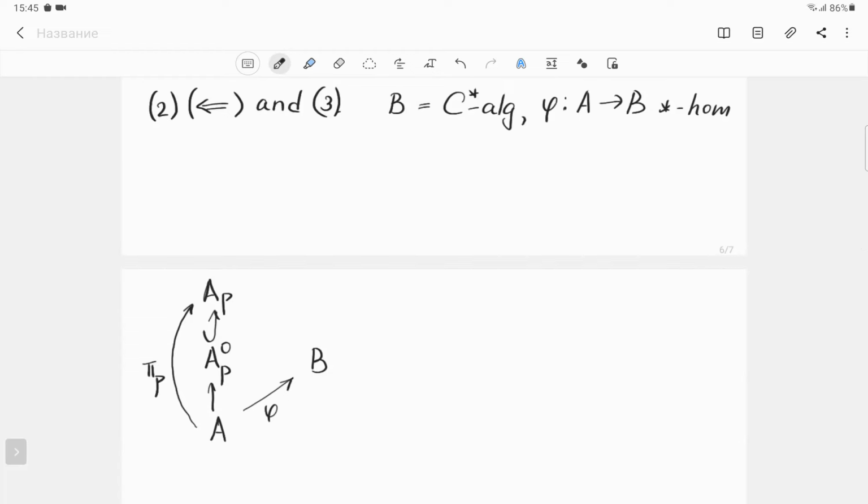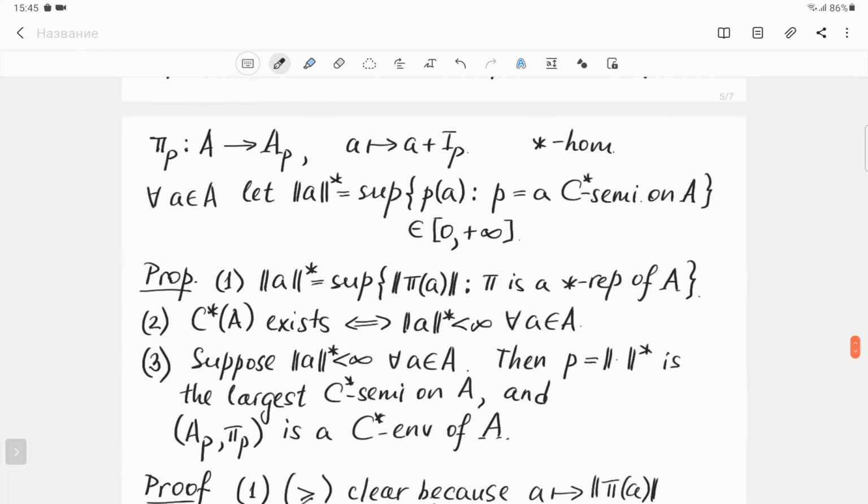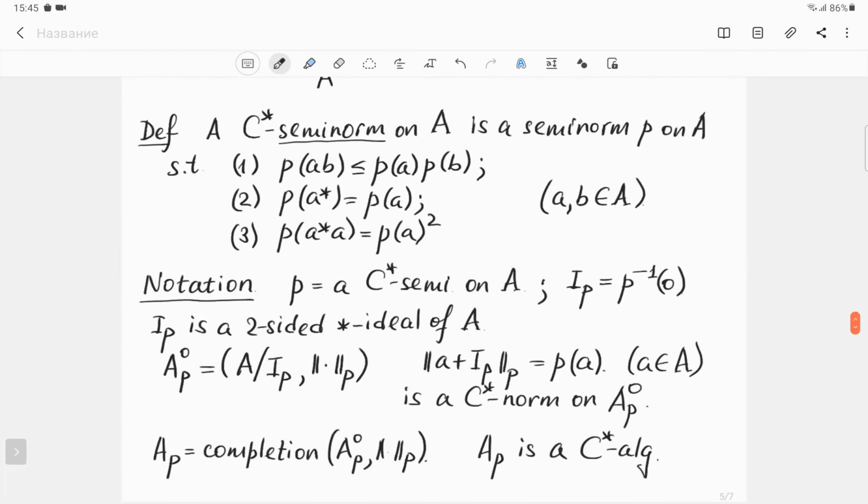So first of all, we construct a C star semi-norm on A by the following formula. Q of A is the norm of phi of A. And this is a C star semi-norm on A. Well, by assumption, our semi-norm P, where is it?